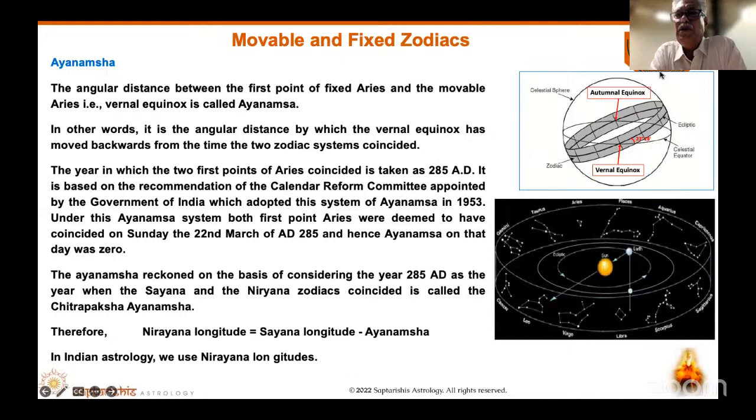You choose Chitra Paksha ayanamsha, and there are some other astrologers who have given different values of ayanamsha. They don't take 285 AD as the starting point of the vernal equinox and our zodiac. So there are different systems also, like the Krishnamurti system. They take different ayanamsha. So in Jagannath Hora, you have to select the ayanamsha which you want to take into consideration.